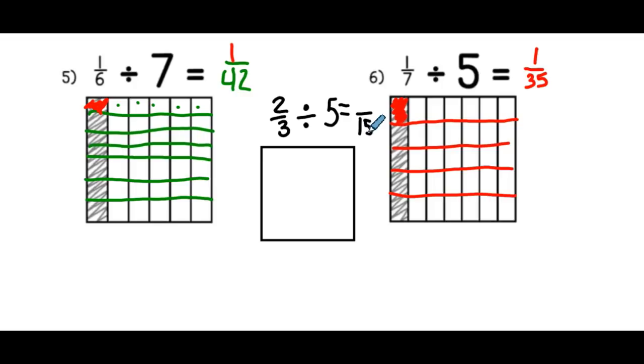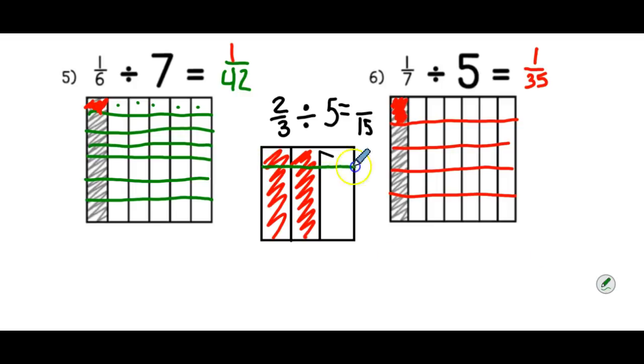We'll wait and see. Okay, so I need to make 2/3. Okay, so I'm going to make 2/3 here. There's 1, 2/3. Okay, weird line there, but that's okay. Okay, and I'm going to shade in 2/3. So squiggle, squiggle, squiggle. Squiggle, squiggle, squiggle. Now I'm going to take those 2/3 and cut them into 5ths or 5 equal parts.